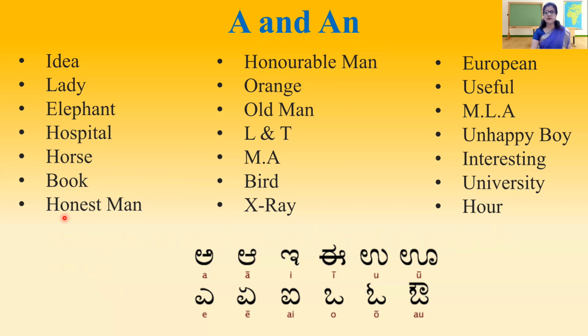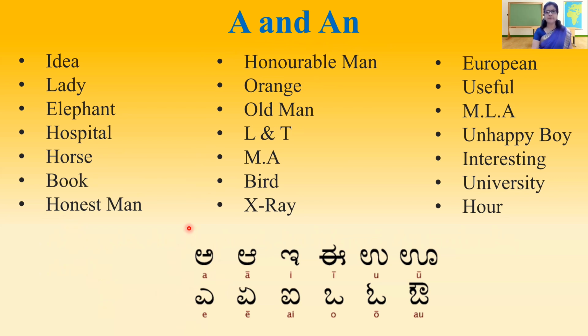You remember here H, even though it is a consonant letter, we are not pronouncing it. He is an honest man. We can't say he is a honest man. Why? Because we are pronouncing it in vowel sound. We are not pronouncing like horse, isn't it?